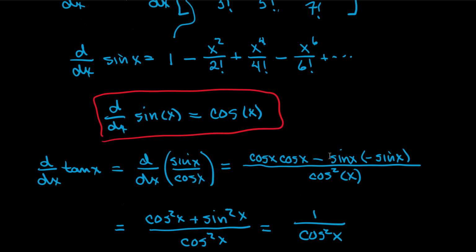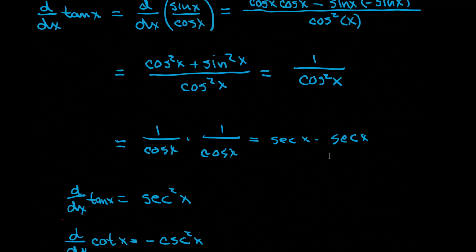So those two, along with the derivative of tangent being secant squared, are going to be the three derivatives we're going to be referencing most frequently.